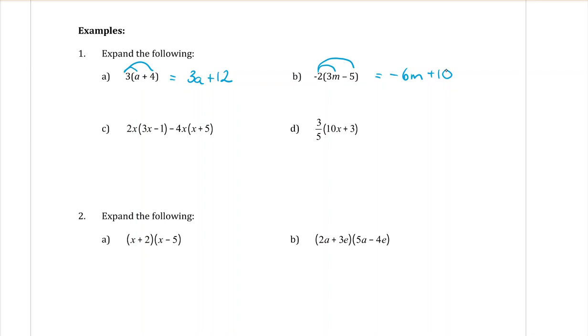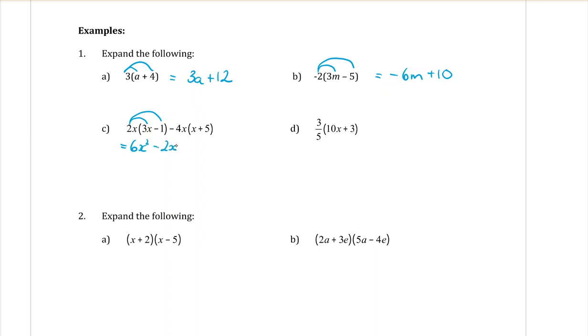Part C, still expanding. There are 2 brackets, but they're not directly next to each other, so you just have to do distributive law twice. So I'm going to do the 2x times into that first bracket. 2x times 3x makes 6. x times x makes x squared. Then 2x times minus 1 will make minus 2x.